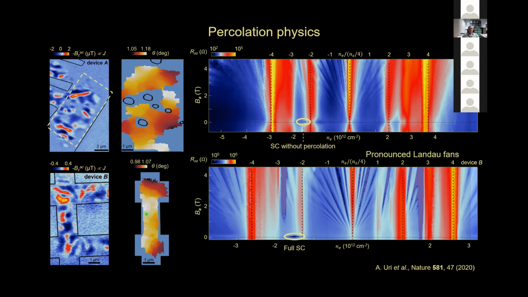Also, you can see that this sample shows much clearer Landau fans than this one, and in particular here we see some Landau fans coming from the correlated states, whereas here we hardly see any, which again emphasizes that the correlated states are much more fragile, much more sensitive to twist angle disorder.